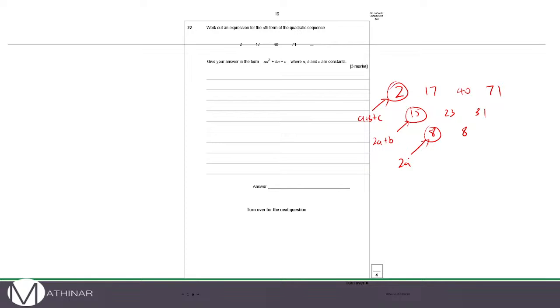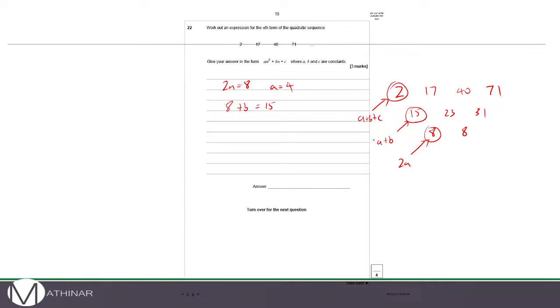So first of all, just from here, I can see that if 2a is equal to 8, then a is equal to 4. Right, now is it not 2a? Let me just check. 2a plus b equals 15. Let me see if this works. So 2a we know is 8.